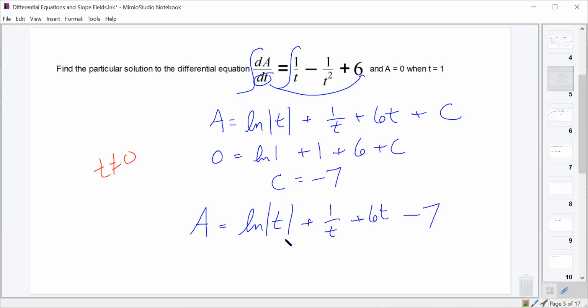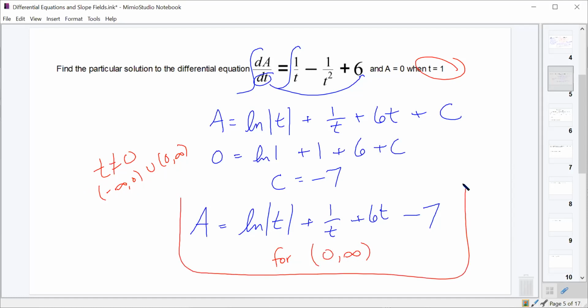If this wasn't inside of an absolute value, we would only have values of t that were greater than 0. But the domain of our function is negative infinity to 0 and 0 to infinity, but we don't put both of them. We only put the one that includes our initial condition of t equals 1. So which one will that be? 0 to infinity.